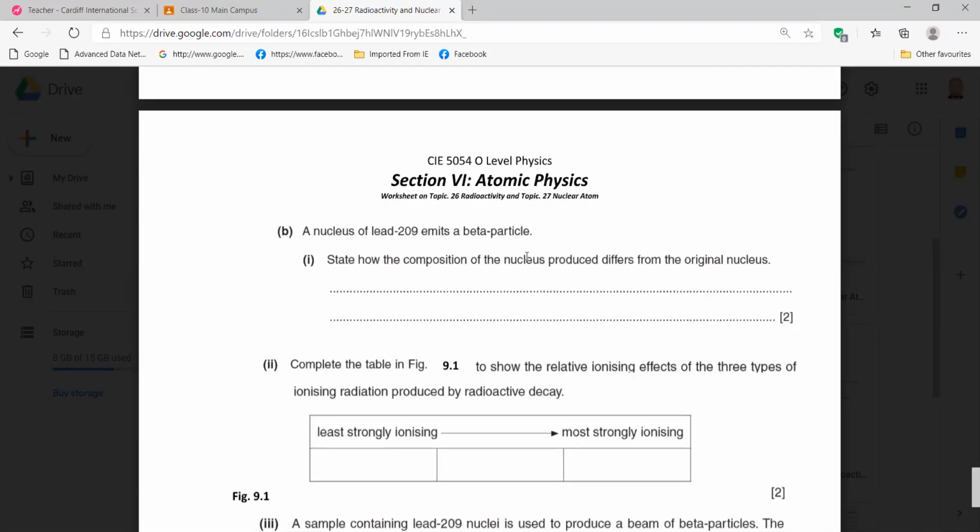So they are asking about the nucleus, that's why we will not tell about electrons. Only focus on the nucleus. So one proton increases and one neutron decreases. So for mentioning these 2 points, you have 2 marks. Okay, so you write it there.